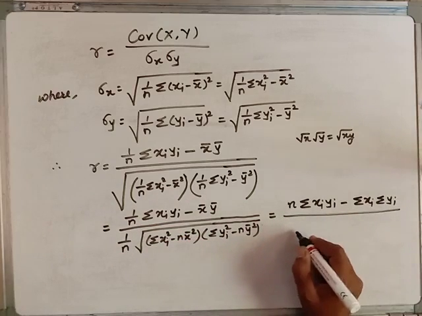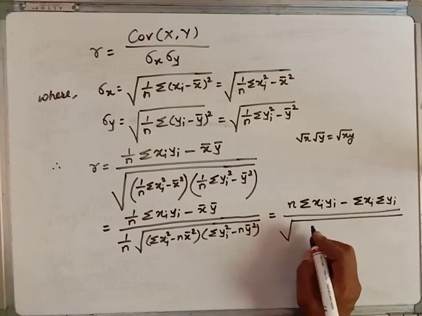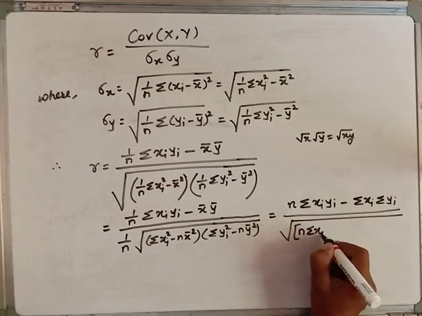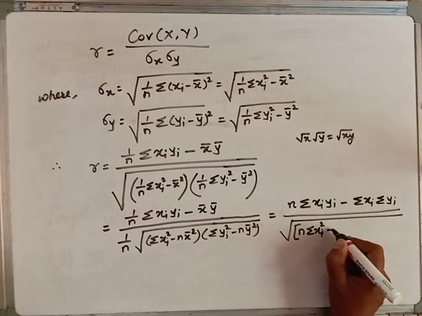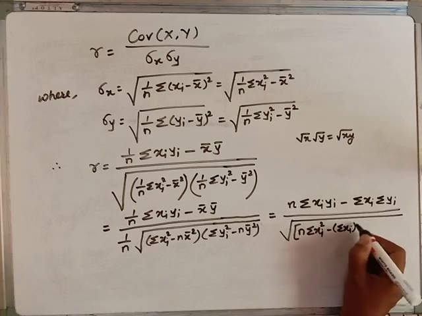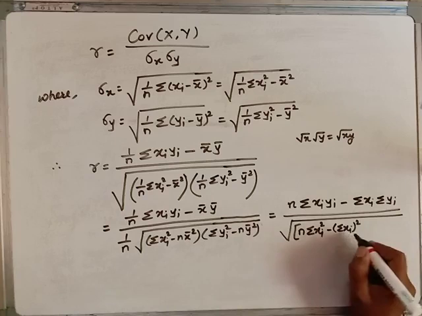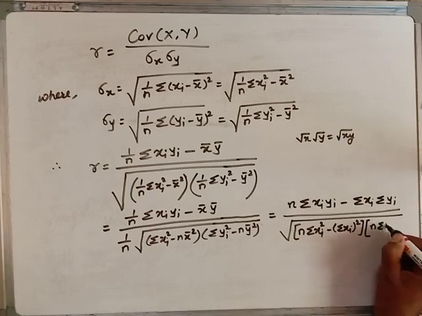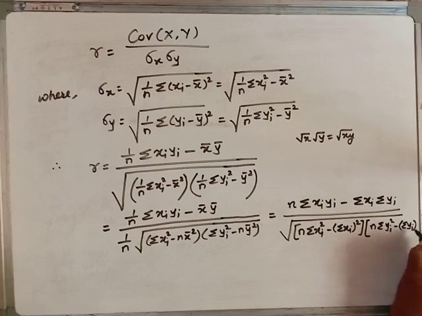Now at the denominator, what can we write? It will be n into summation xi square minus summation xi whole square, into n into summation yi square minus summation yi whole square.